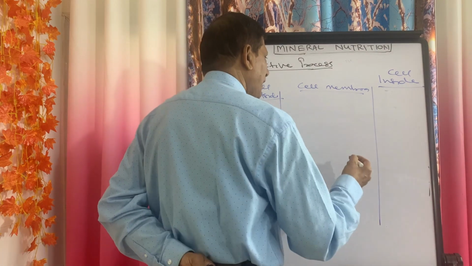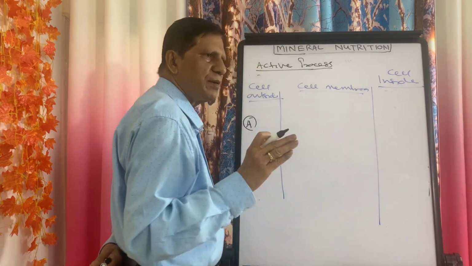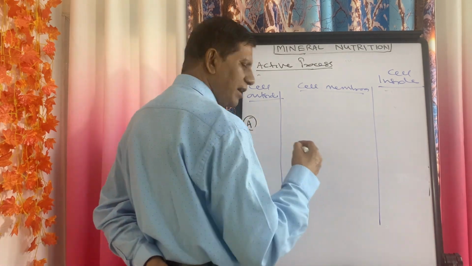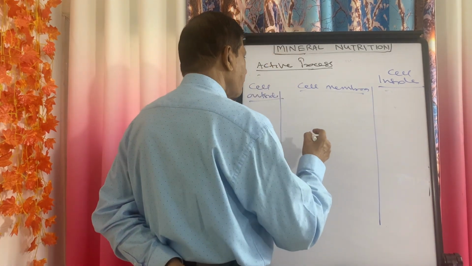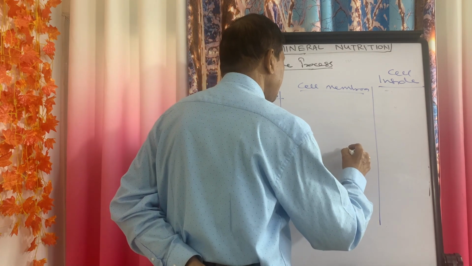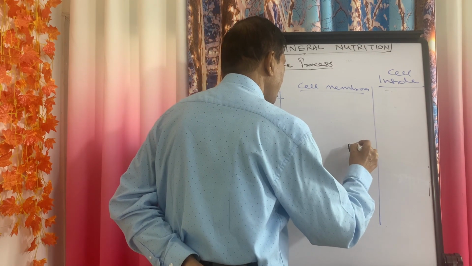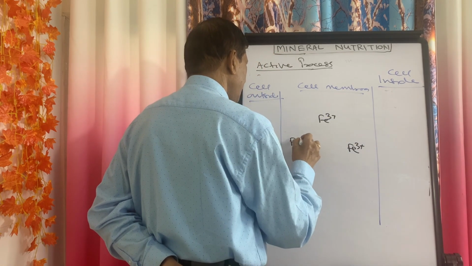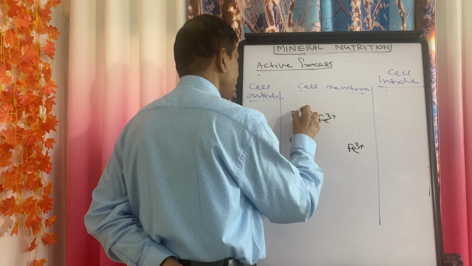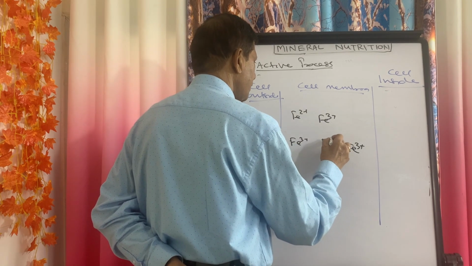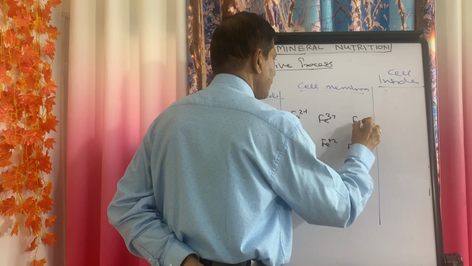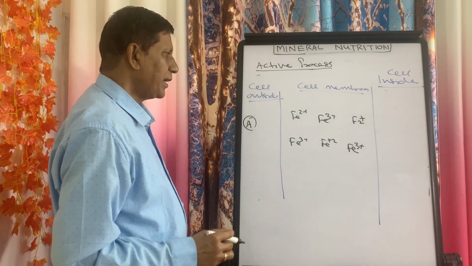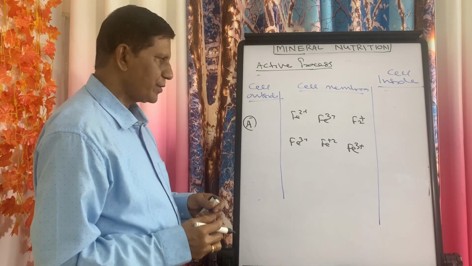So here what happens, the different types of cytochromes are alternately arranged in the ferric and ferrous forms. Suppose this is the ferric ion, this is the ferric ion, and this is the ferric ion, and here it is ferrous, here it is ferrous, and here it is ferrous. So what usually happens?